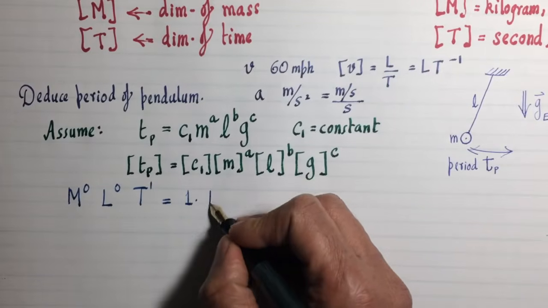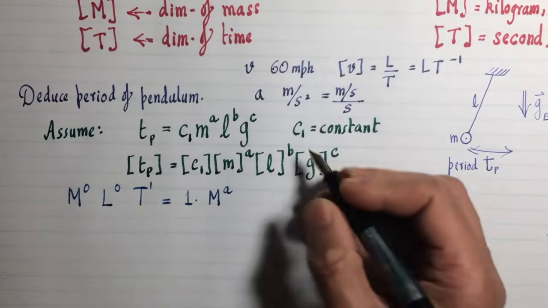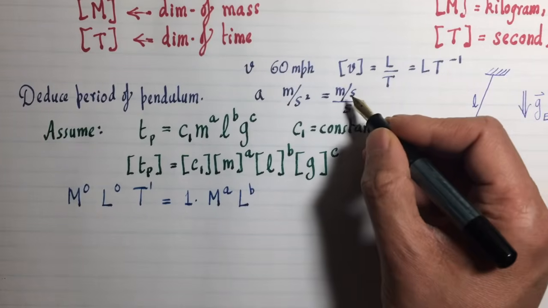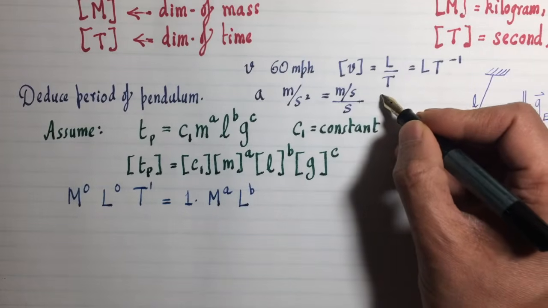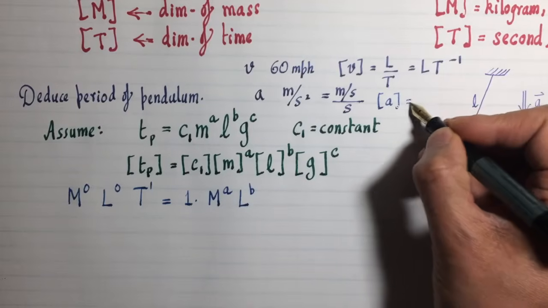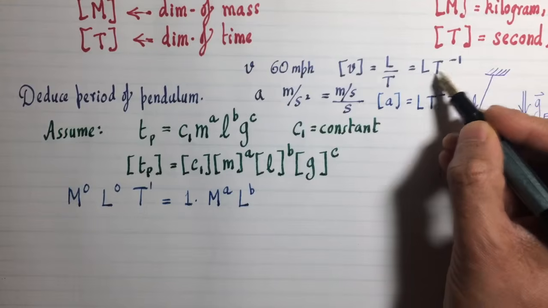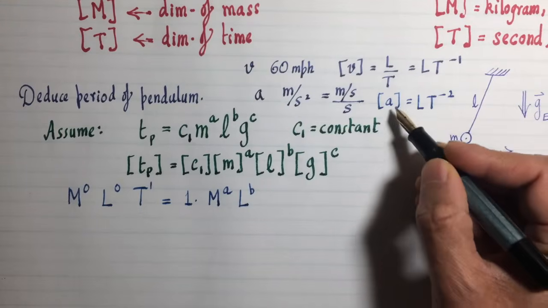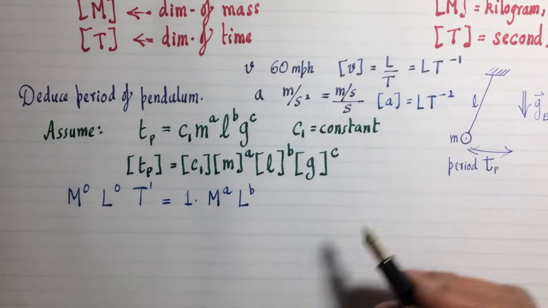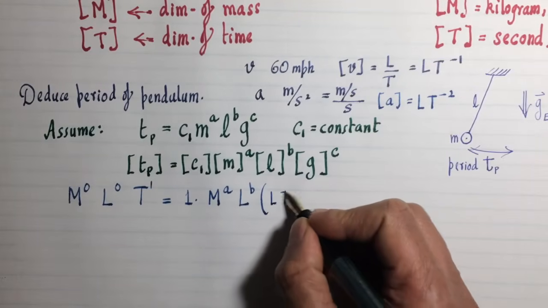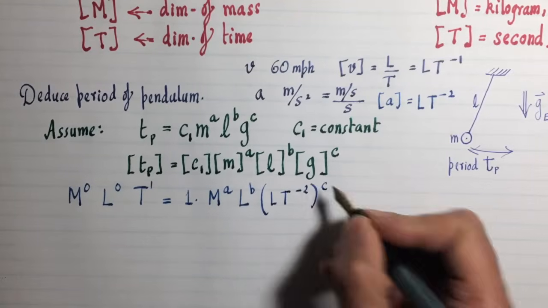And then I have units of mass to the power A, units of length to the power B, and G is meters per second squared. So in fact, the units of acceleration are L T to the minus 2. I'm writing it like that, bringing L over T squared, writing it as L T to the minus 2. So that's going to be L T to the minus 2 to the power C.